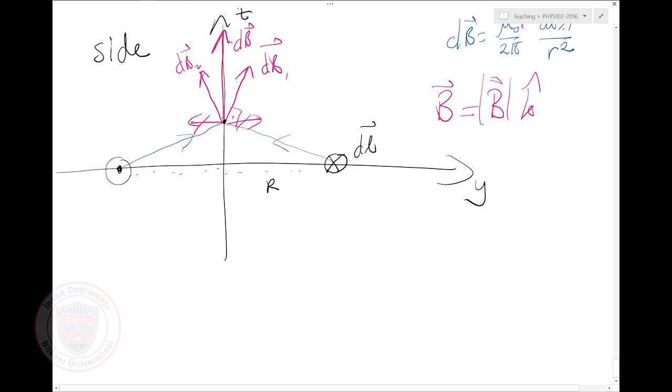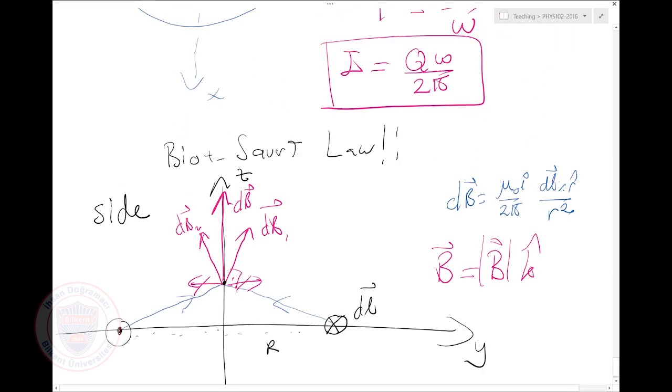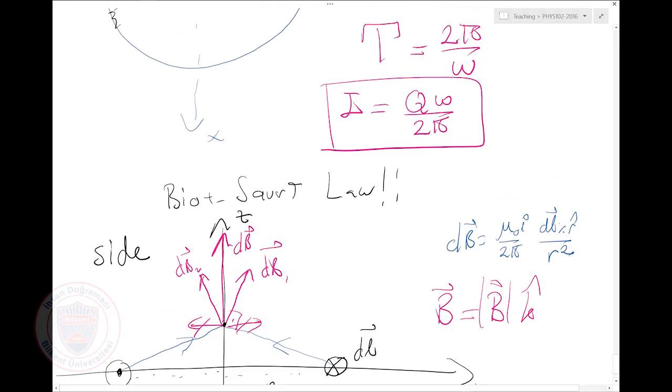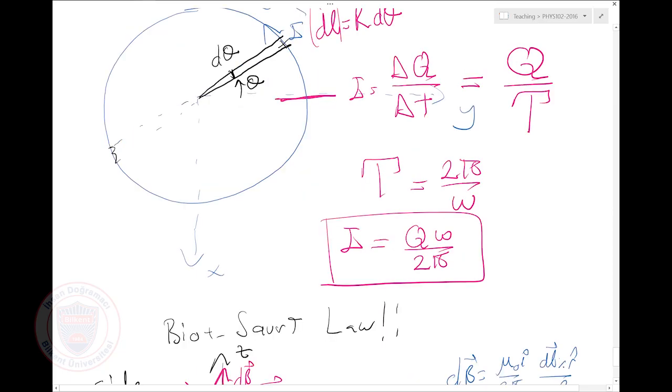Now, I need to calculate Bz, and for that I need to calculate what dL is. What's dL here? dL magnitude is going to be R times d theta. Okay, that's very good.